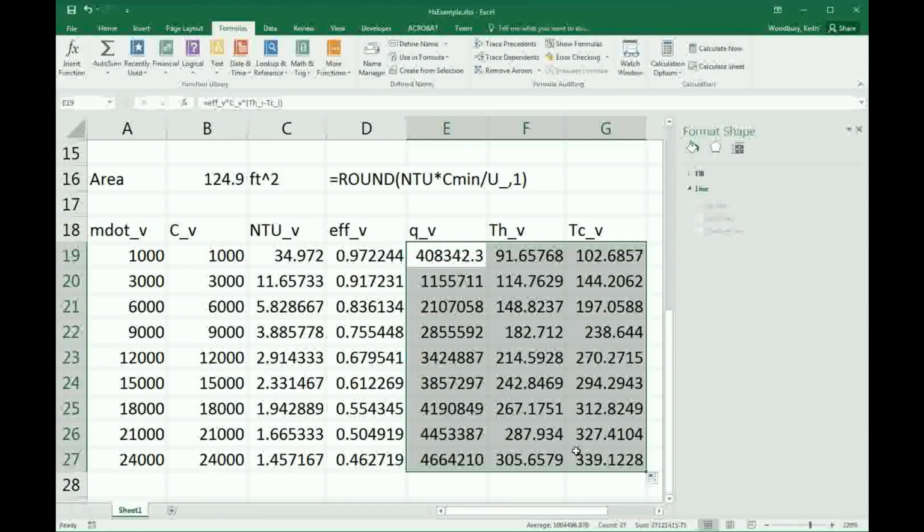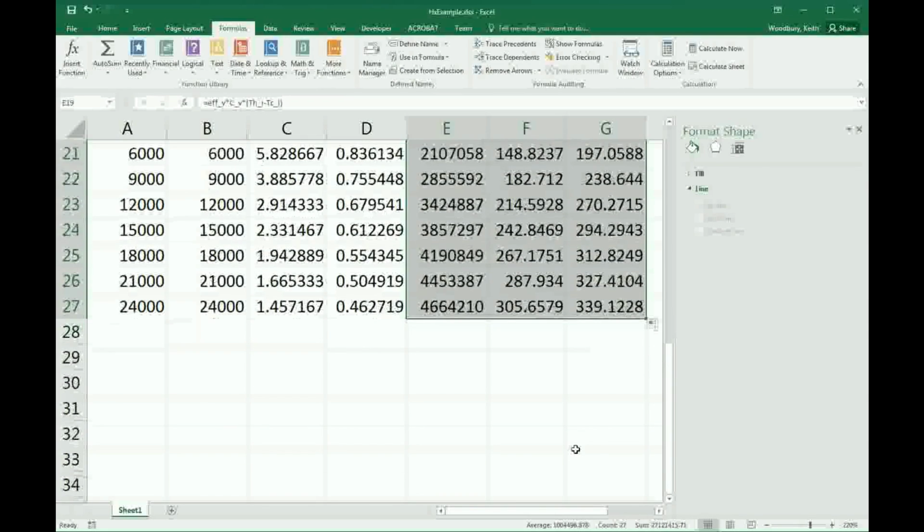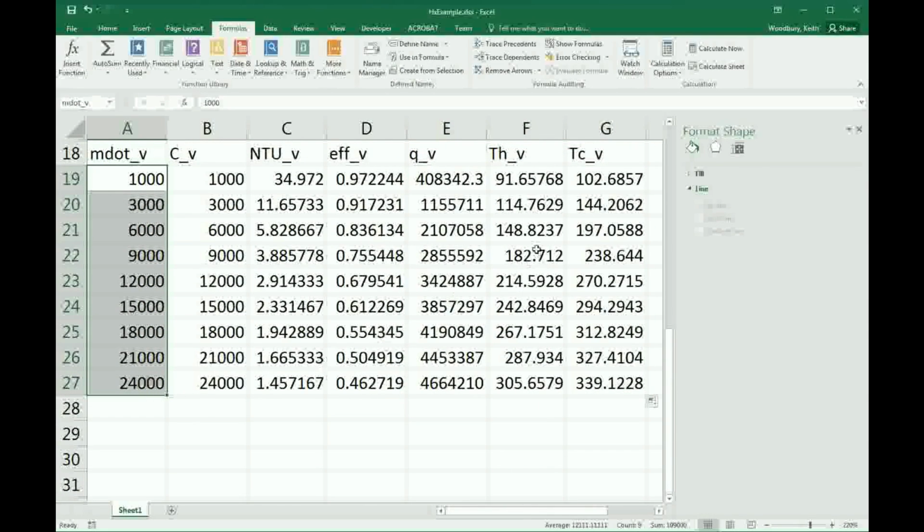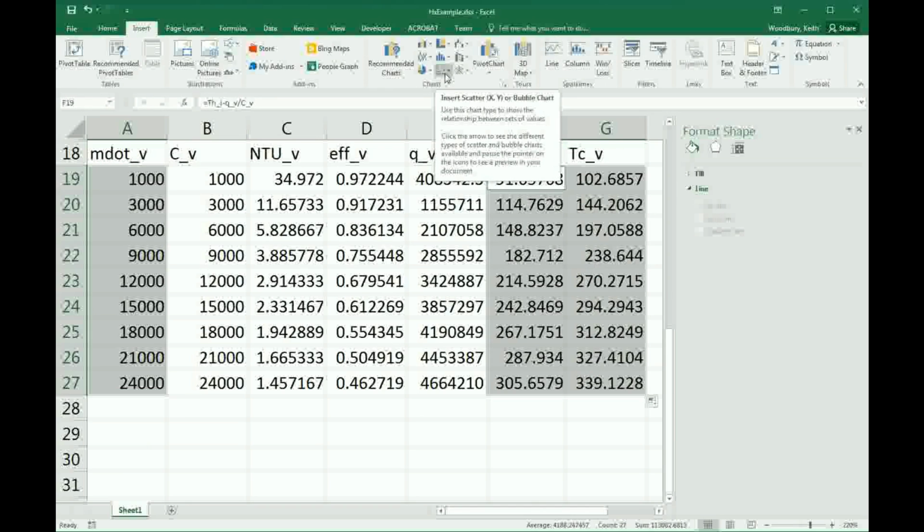So now we're supposed to have a plot of this, and we can make such a plot for the mass flow rate and the hot and the cold, and let's insert a chart here.